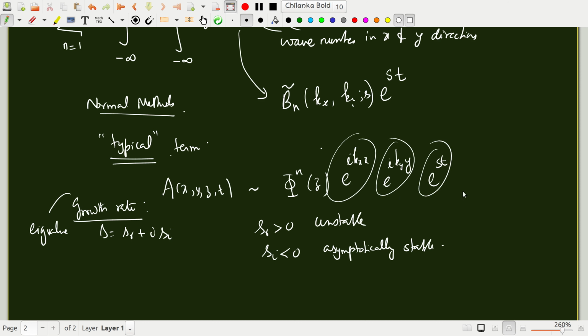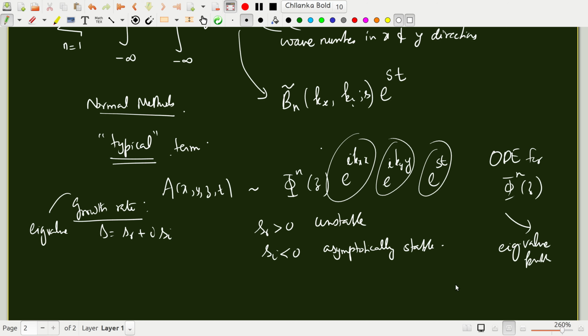And finally, you will end up with an ordinary differential equation for phi n of z, and it will be a fairly involved ordinary differential equation, but yet it is much simpler than solving 4 coupled partial differential equations. And this will be an eigenvalue problem, because only for some special values of s will you get non-trivial solutions. So we'll see how that is done as we go along.